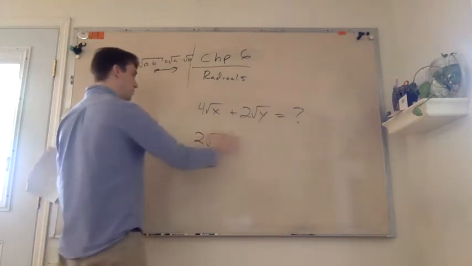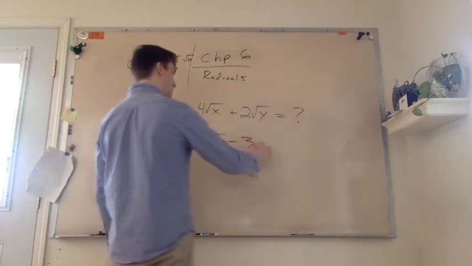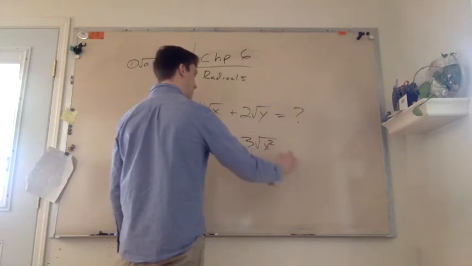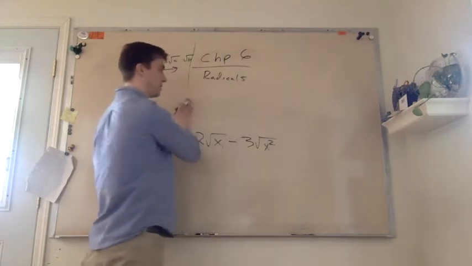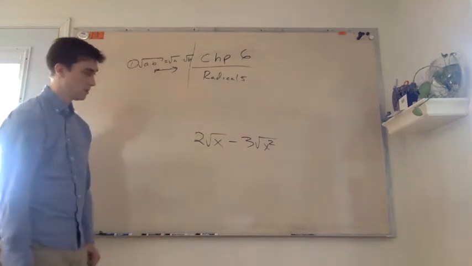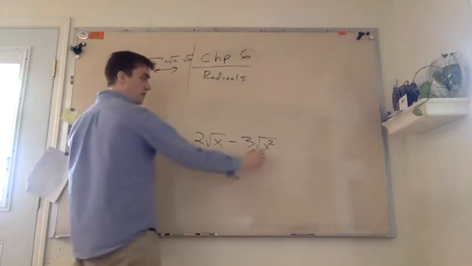Let's say 2 square root x minus 3 square root x squared. Can't do it. Although, there is some simplifying that you can do here.